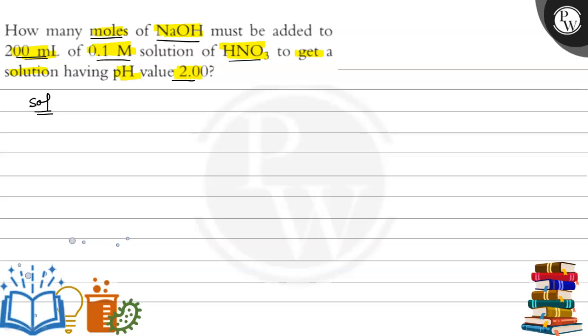So first of all, what we are given is 200 ml of 0.1 molar solution of HNO3.